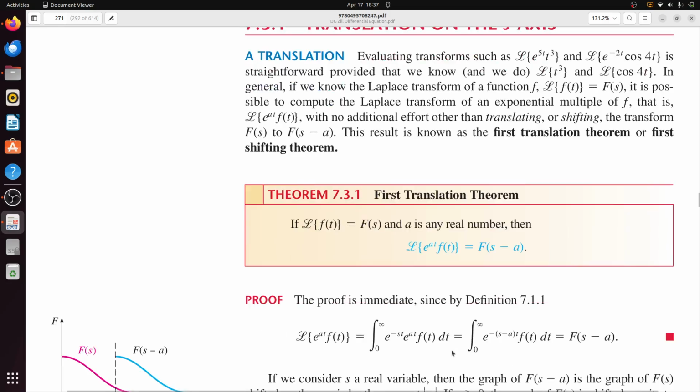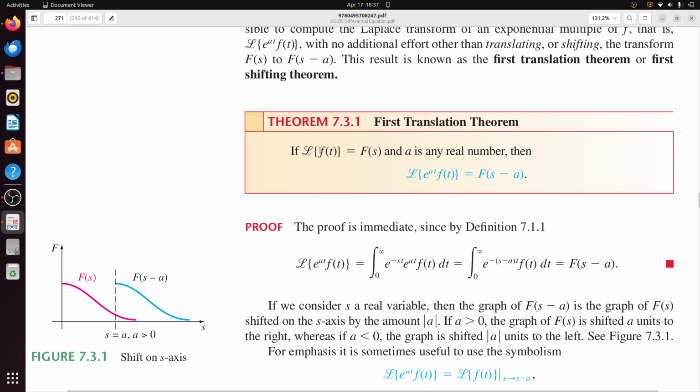So what does the first translation theorem tell us? That if the Laplace transformation of f(t) is known to you as F(s) and a is any real number, then the Laplace transformation of e to the power at into f(t) is F(s minus a). Just put s minus a instead of s, and you will get the desired result.